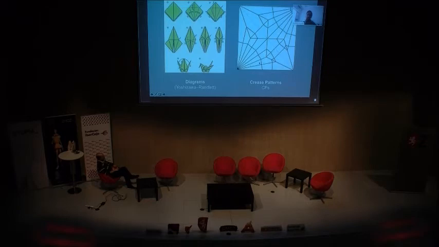In this case, we have a diagram of a crane, and the other one is a more detailed CP of the same crane. It is even not symmetrical. If you can see, there is a crease for a wing on one side and not on the other side. So that's the detail we can put in a CP or not.